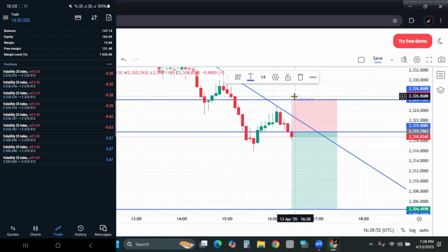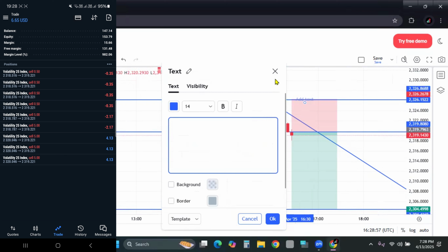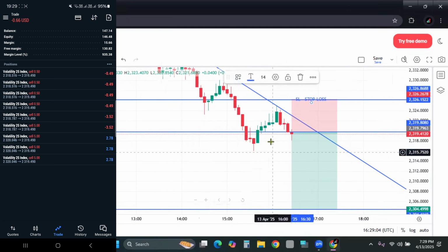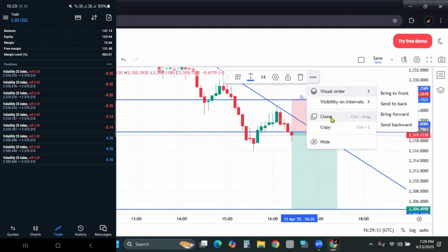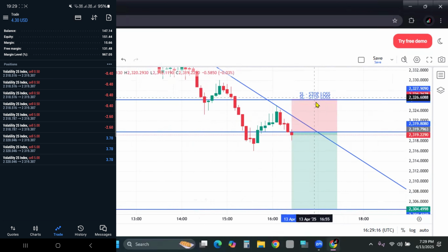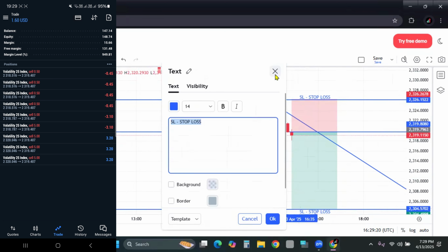The stop loss is called SL, okay? Stop loss. That's the SL. That's our stop loss. When the market hits there, we're going to lose money, okay? And this is our target. This is where we take the profit.